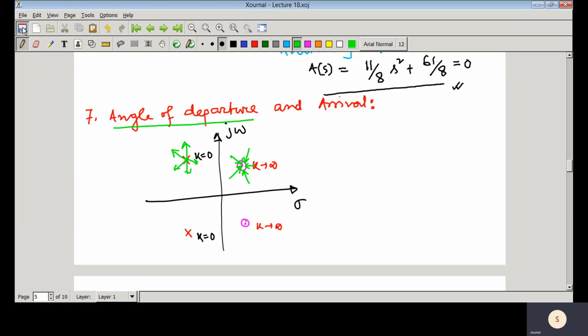So now we are going to discuss how to calculate the angle of departure and angle of arrival.